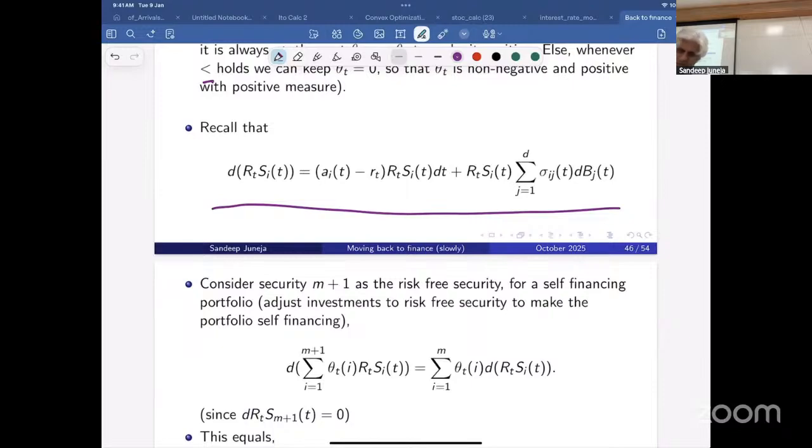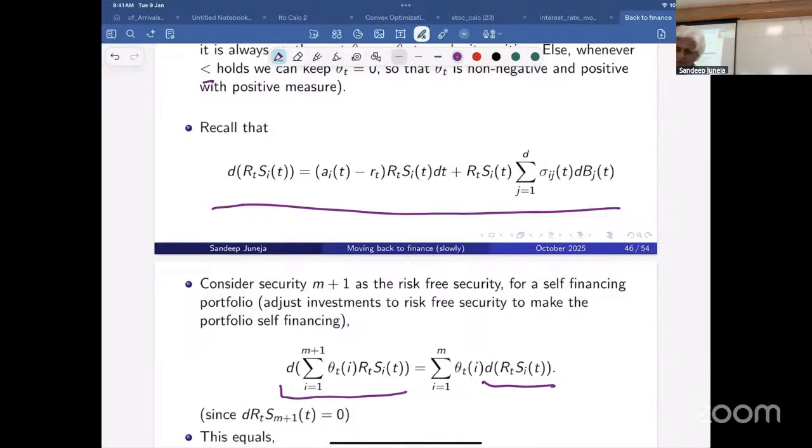For a self-financing portfolio, we had earlier argued that, because the portfolio is self-financing, d of the overall portfolio value is the summation of theta t i into d of R t S i t. The same argument I'm going to use here. Theta t i again are just the number of i-th securities that I'm purchasing.